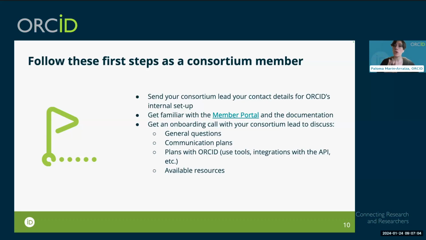And also, with your consortium lead, get an onboarding call to discuss several aspects. For example, general questions you might have about how to use ORCID in your institution, communication plans, plans with ORCID, how you plan to use tools or integrate with the API, etc. And also get to know the resources that are available for you as part of your consortium.